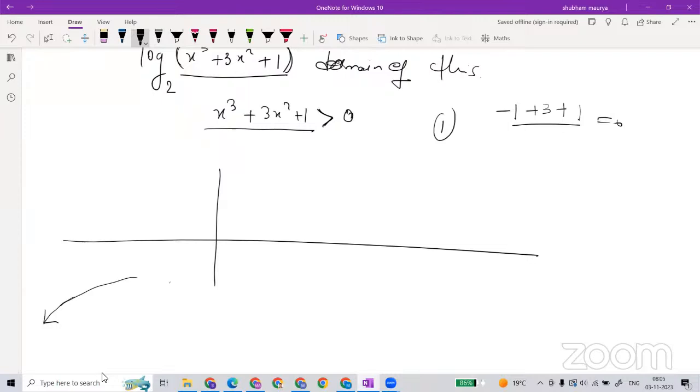Towards negative infinity of the x-axis, the y value will become negative infinity. We know the end behavior; just now I told you. Sir, I'm really confused about the domain part of this logarithmic function, because it is very difficult to find. There are a lot of questions regarding this only.